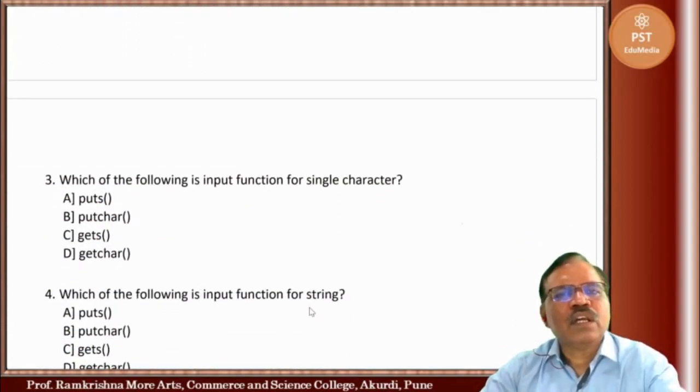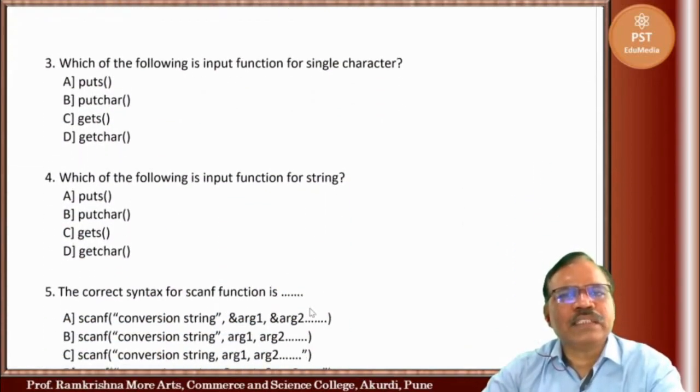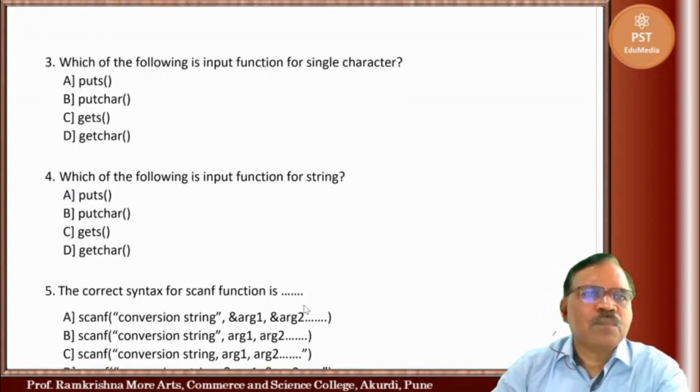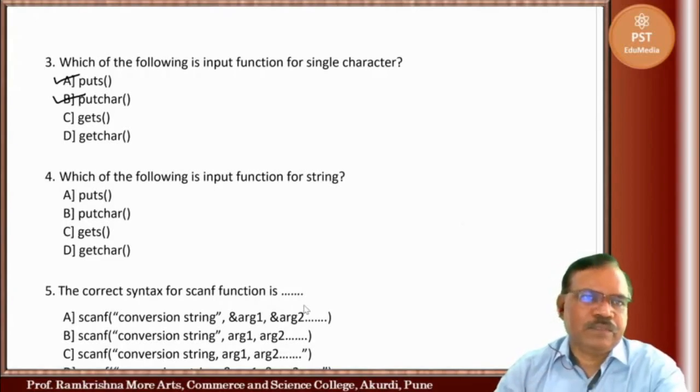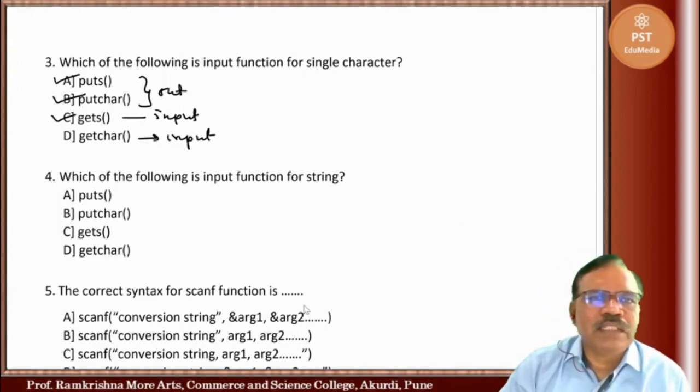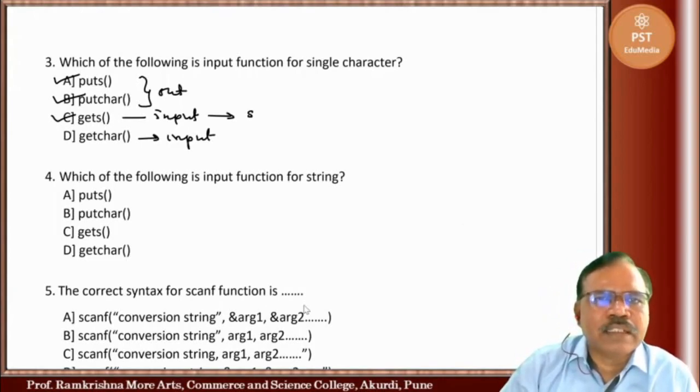Now next one, which of the following is an input function for a single character? Here puts is an output function, putchar is an output function, gets is input, and these two are output functions. This is an input function. So two are input functions. Out of these, gets is for a string.